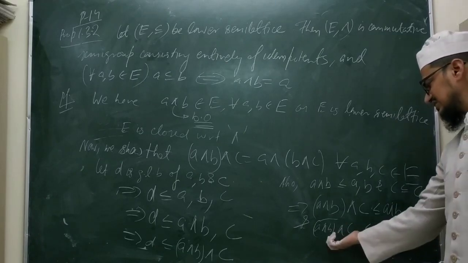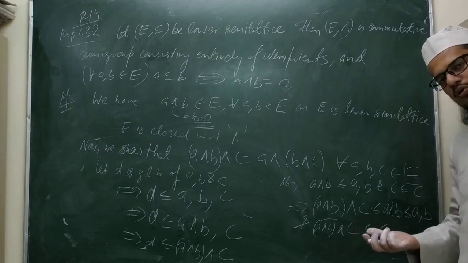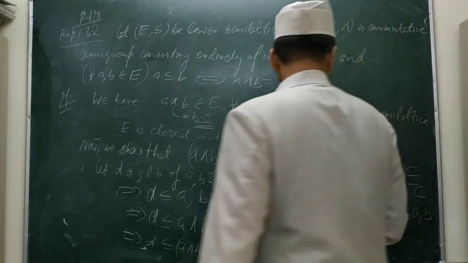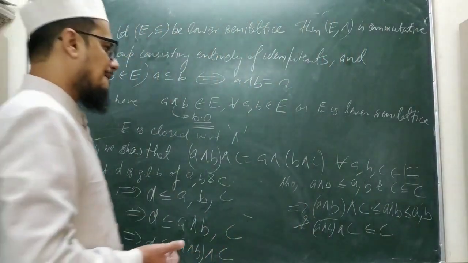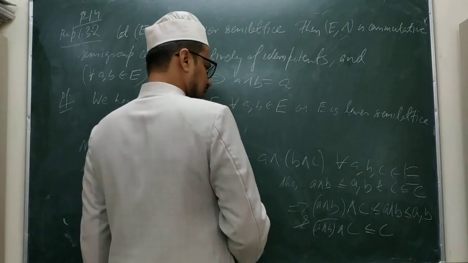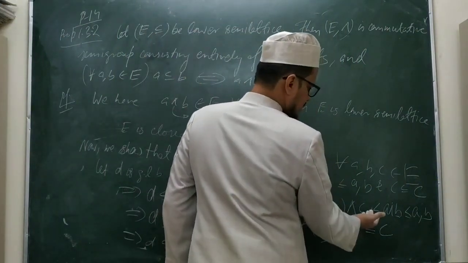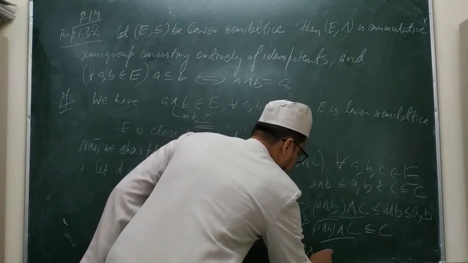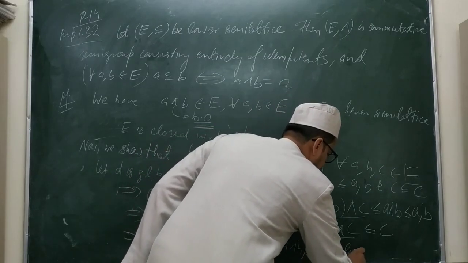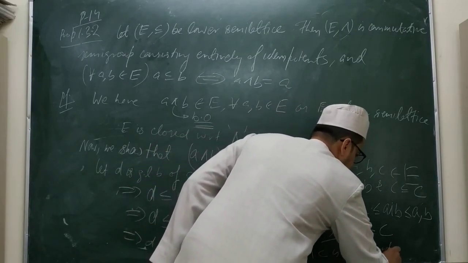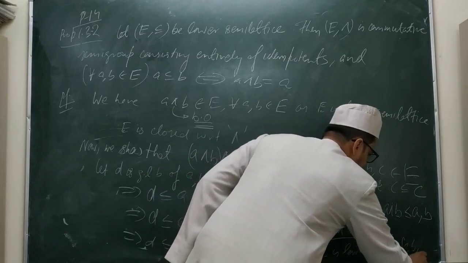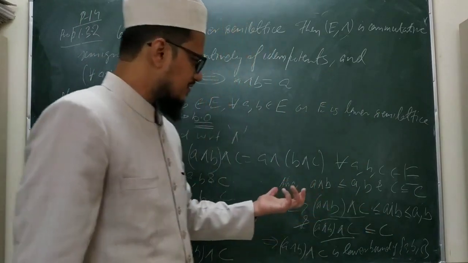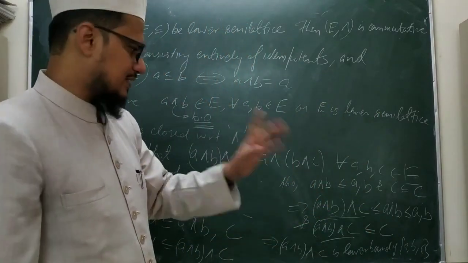Because this is the lower bound, and lower bound is what? It is less than or equal to C. Correct? So now you see this one is the lower bound of, finally, it implies that A meet B meet C is a lower bound of A, B, C. This is the lower bound of A, B, C because it is less than or equal to A as well as B as well as C.